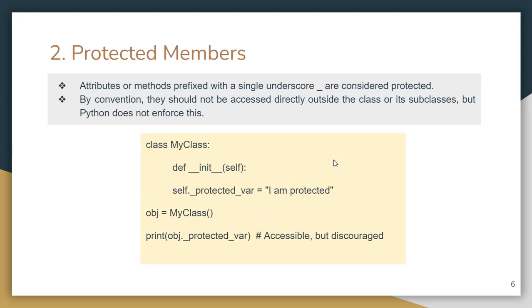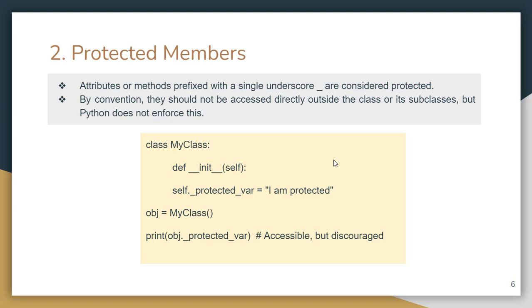Let's see with an example. Class MyClass, and there is a function def, and the name of the function is __init__. This is a predefined function. The only parameter is self.